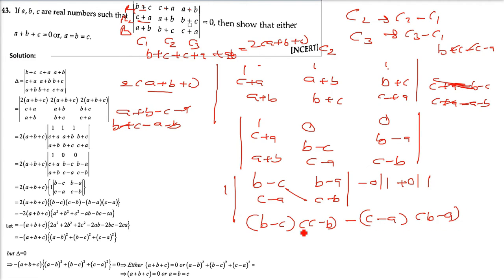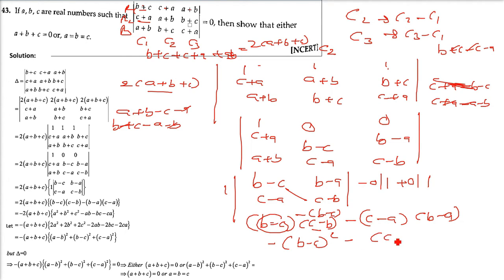Now b minus c and c minus b, you can take negative common, because we want to make it b minus c whole square. So let us take minus outside, b minus c whole square.